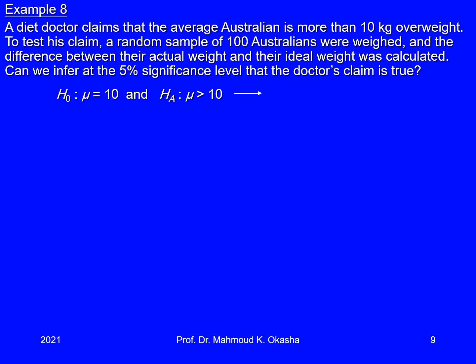Example 8. A diet doctor claims that the average Australian is more than 10 kilograms overweight. To test this claim, a random sample of 100 Australians were weighed, and the difference between their actual weight and their ideal weight was calculated.